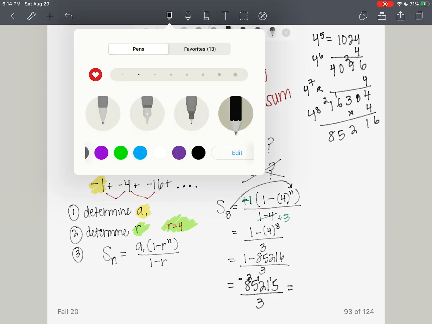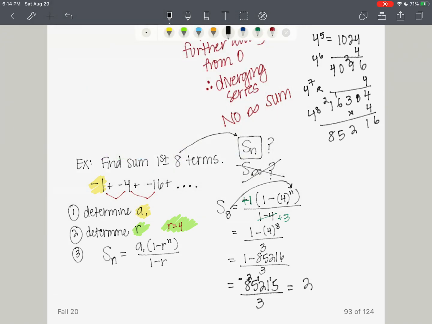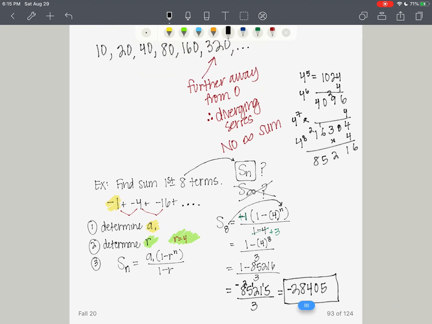Let's see. 3 goes into 6 2 times, 3 goes into 5 1 time with 2 left over, and so on, working through the division. It was negative 21,845. And if I take 21,000 times 3, I get about 63,000, so we're good. So that's what our sum of those 8 terms is. But that's how you use the formula. That is how we use the formula.